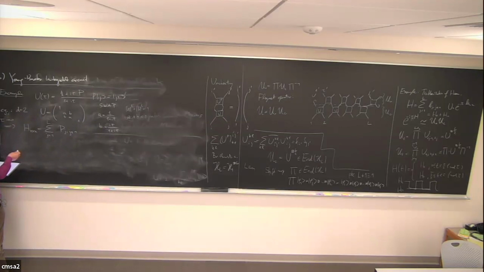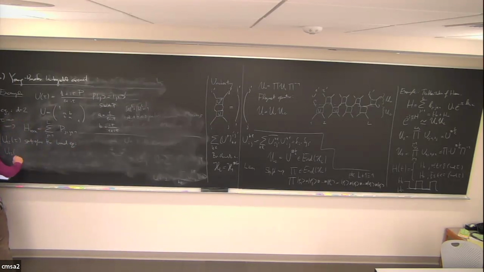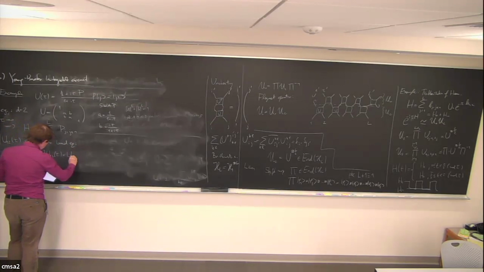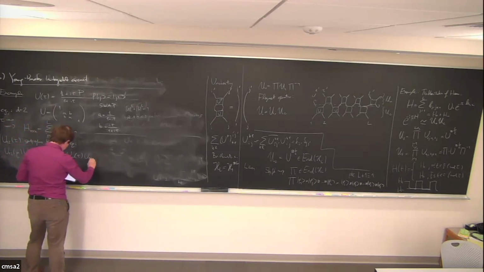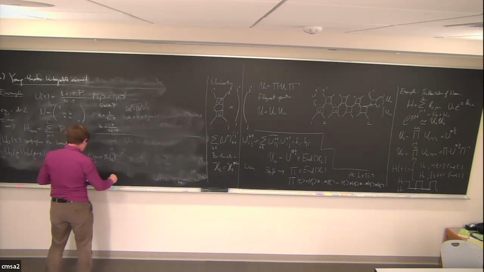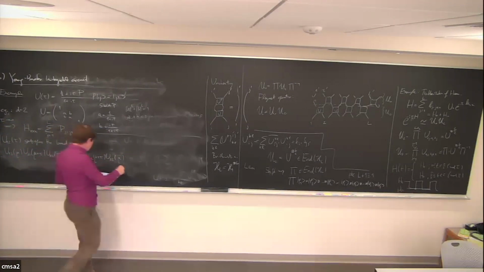I mean, in this form, it satisfies the braid equation. So U12, U23, U12 is the same as U23, U12, U23.